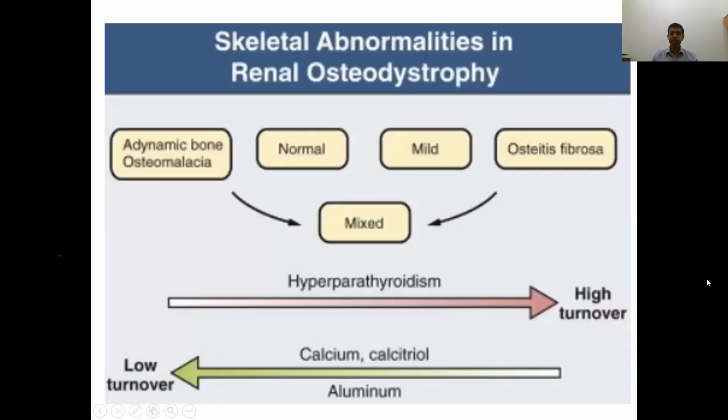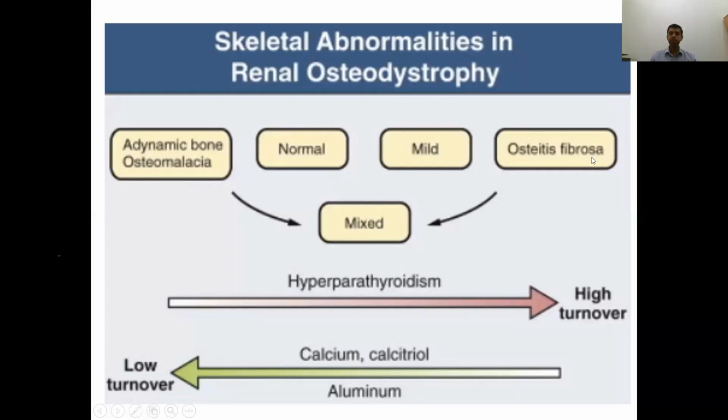And at the same time, the bone can get affected in many ways in these patients with CKD, and it is a spectrum of diseases. On one end, you have what is called osteitis fibrosa cystica. And on the other end, you have what is called adynamic bone disease and osteomalacia.